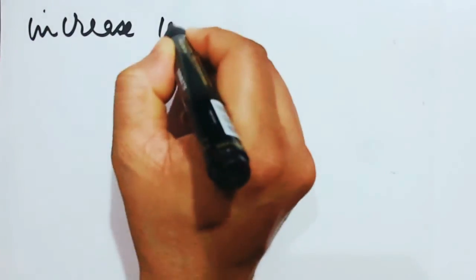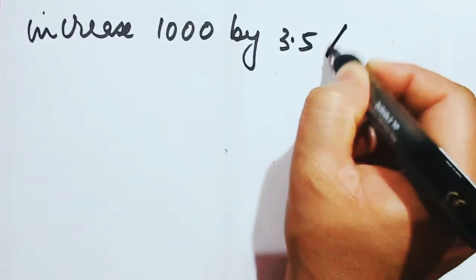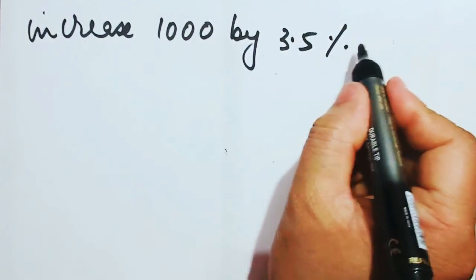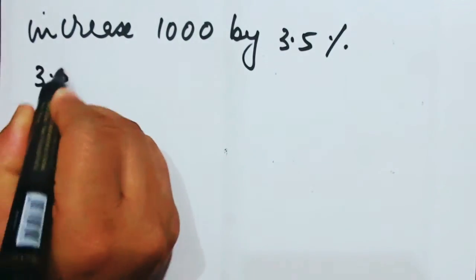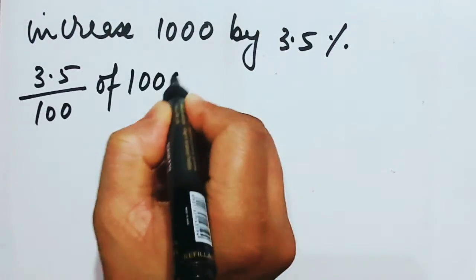Increase 1000 by 3.5%. So first we will find out 3.5% of 1000.